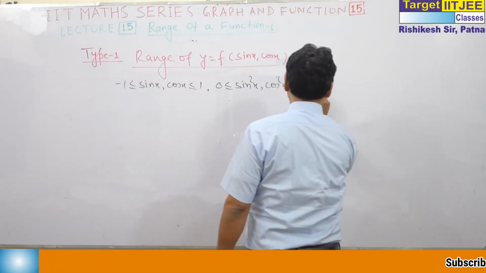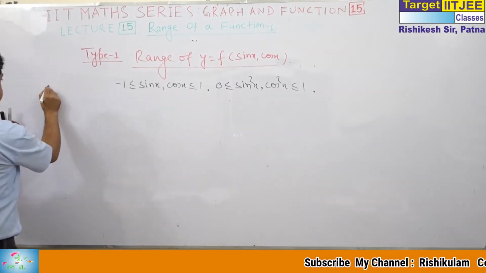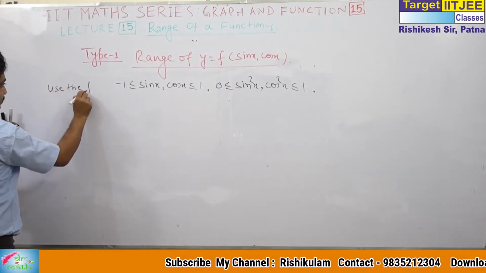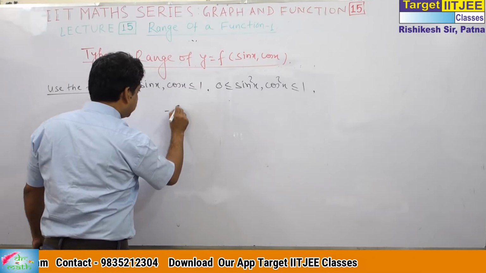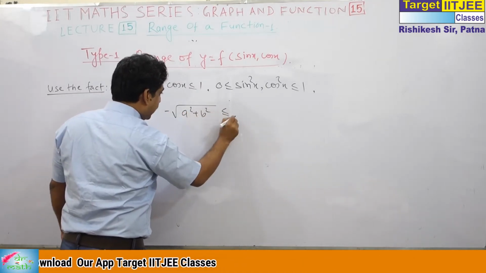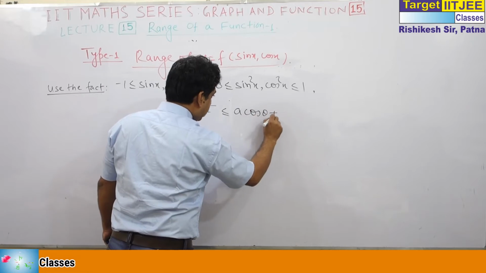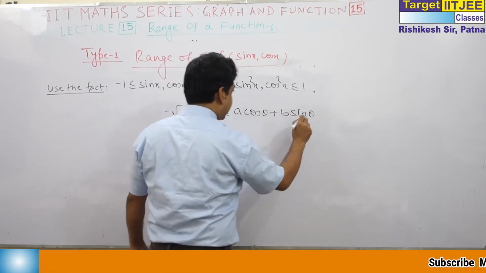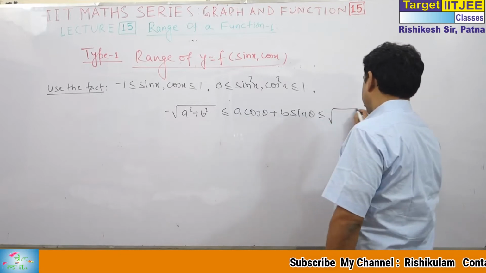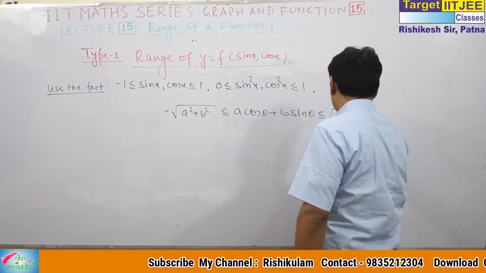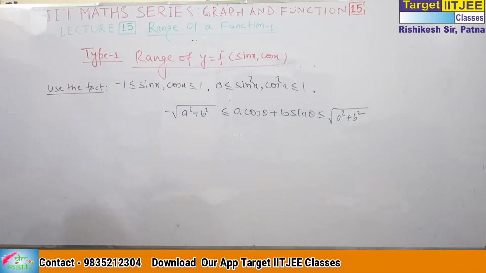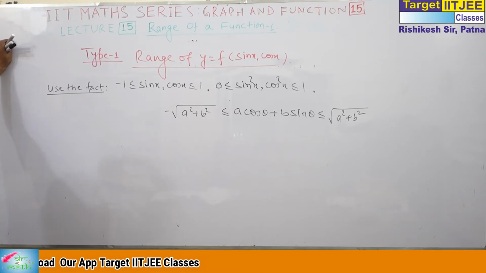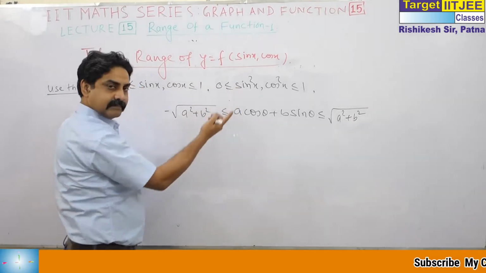I have written the maximum and minimum value of a cos theta + b sin theta lies from minus root over a square plus b square to plus root over a square plus b square. I will use this fact. You know this fact.